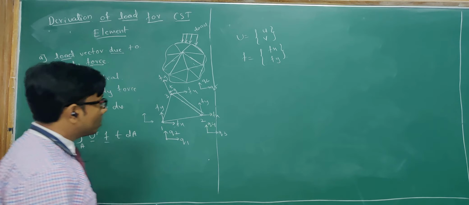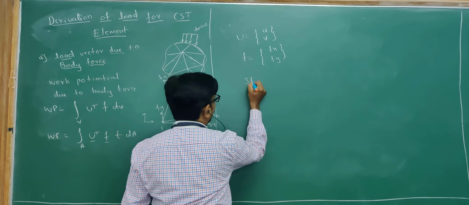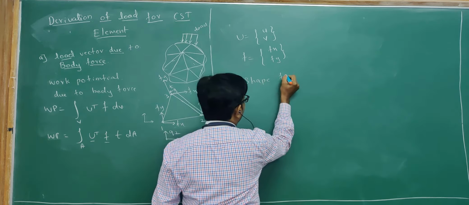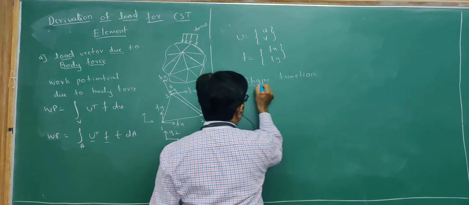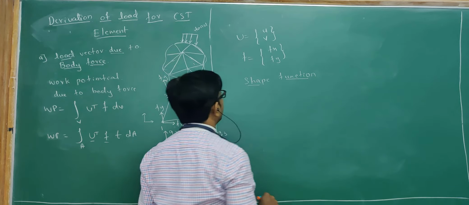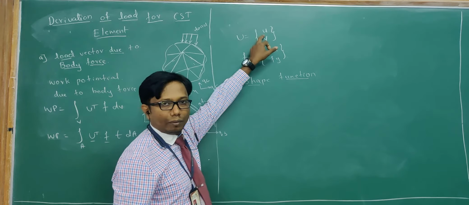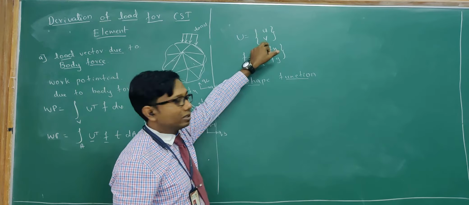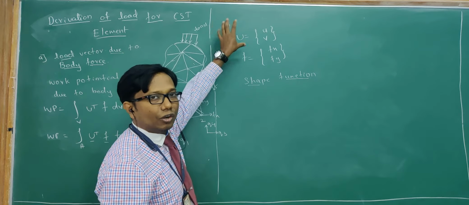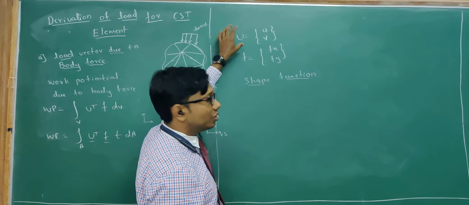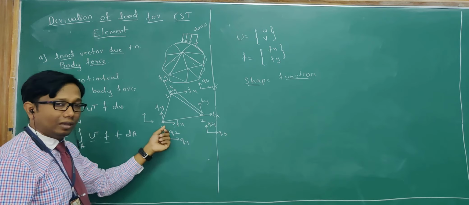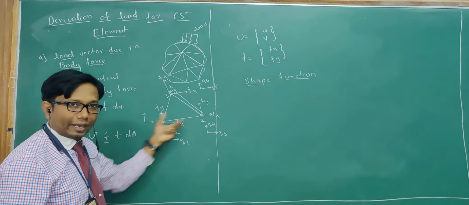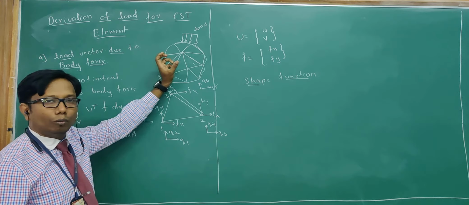Shape function, I have to write it. So the shape function will be written with respect to the field variable. These are the two field variables. This is the main field variable, just as the general displacement. The general displacement will have two types of displacement happening. An element can move along the x-axis as well as the y-axis.